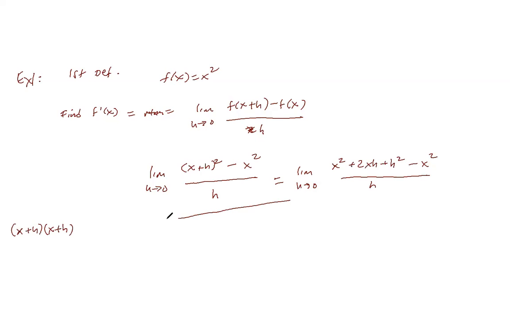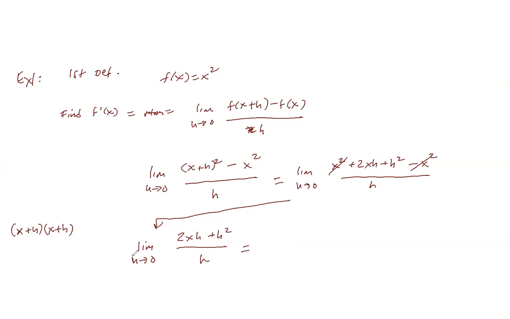And so there's that. And then what we're going to do now is just try and simplify this. We'll have the limit as h approaches 0. Notice that the x squareds are going to go. That's going to leave us with 2xh plus h squared all over h. And I would say that generally what we're going to try and do with this first definition is get rid of the h in the denominator.